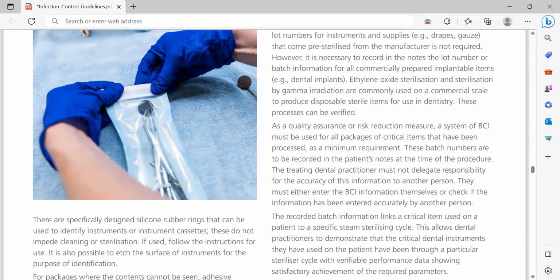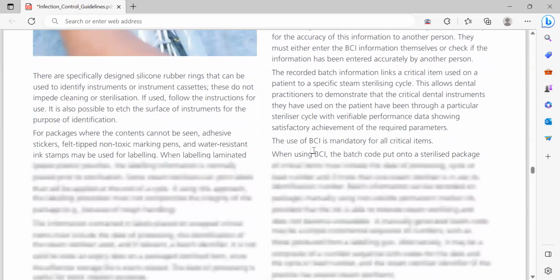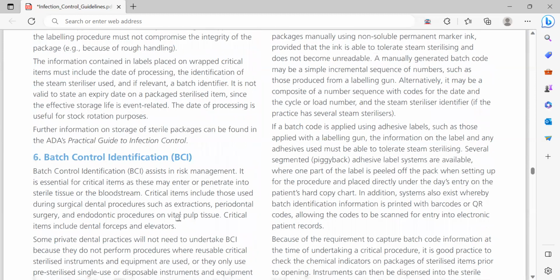And at the end, when you use it on any patient, you need to write or track these autoclave numbers in their notes to make sure that you have used sterilized instruments in that patient's treatment. So it is very important. There are certain ways you can do it.